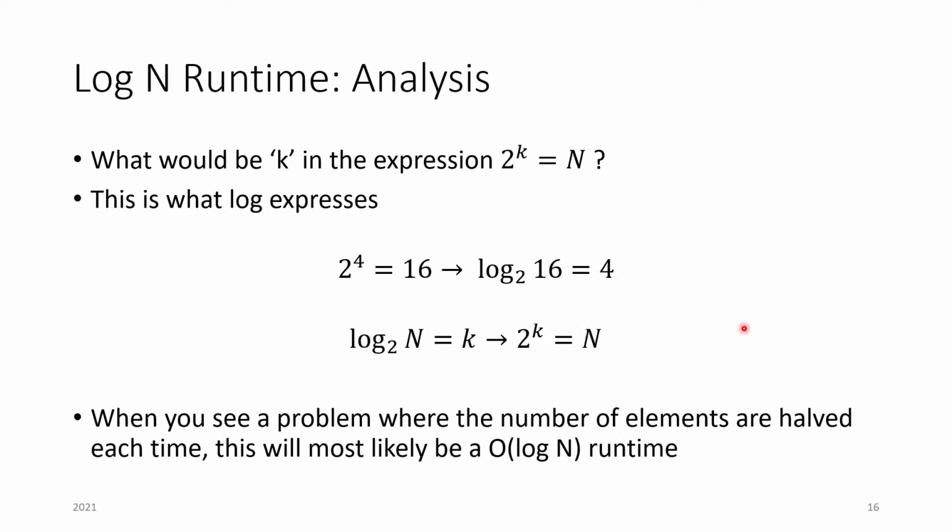So whenever you see a problem where the number of elements is going to be halved each time, this is going to be an O of log n runtime. Conversely, when you see a problem where the number of elements is doubled each time, this is going to be O of 2 to the n runtime instead.